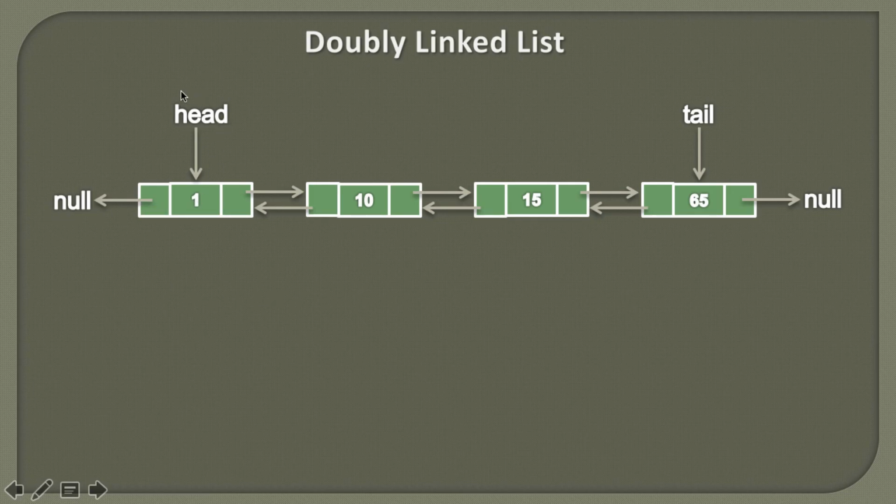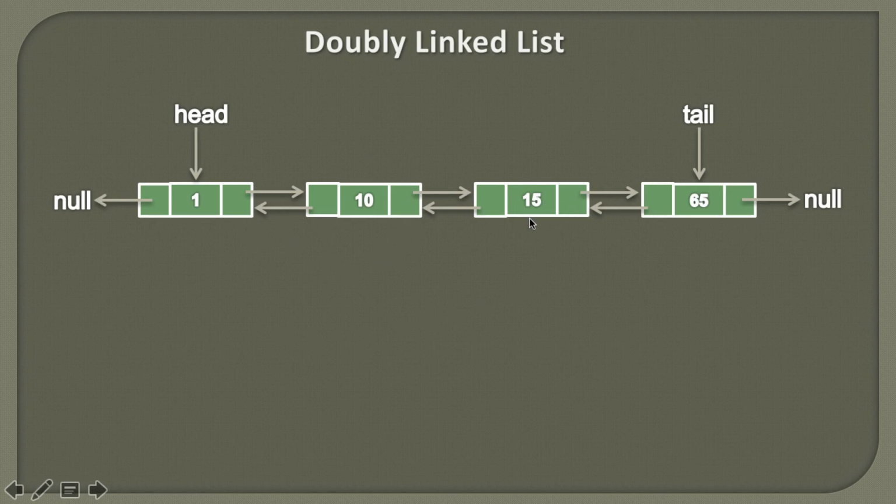Usually the head points to the first node and its previous is null, and the tail points to the last node whose next pointer points to null. So it's like a two-way linked list where each node has one next and one previous. This is how they form a chain where each node refers to the node next to it and the node previous to it. So the traversing becomes easier in forward and backward direction.